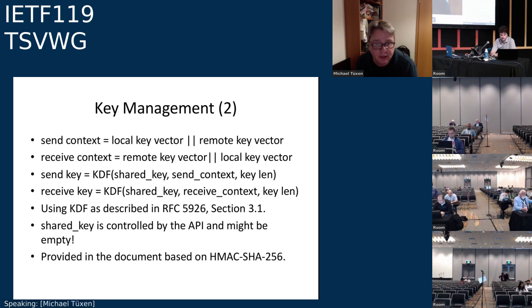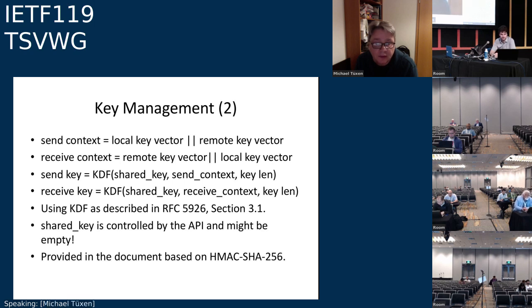The shared key is what is configured only via the API, so both sides can configure multiple shared keys, and you derive the send key and receive key here using the key derivation function from RFC 5926, which is a TCP authentication function.